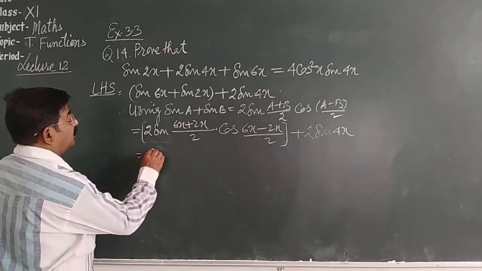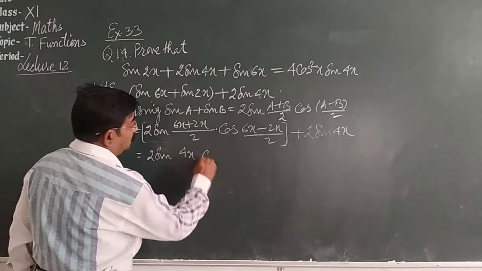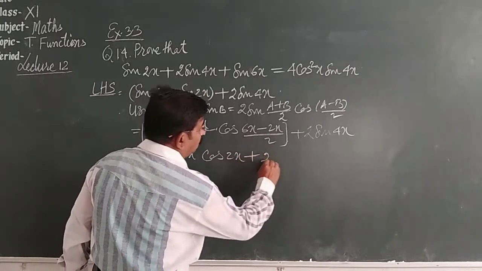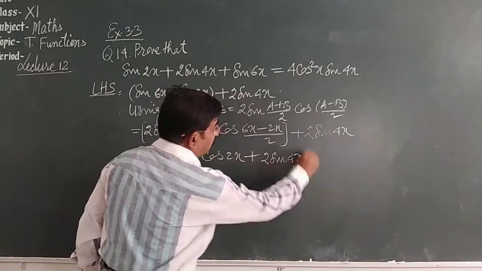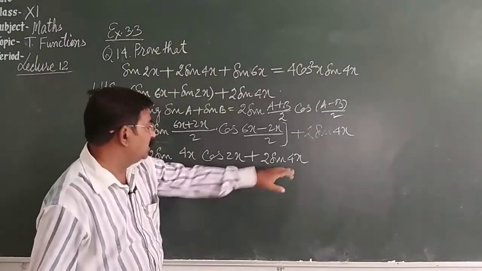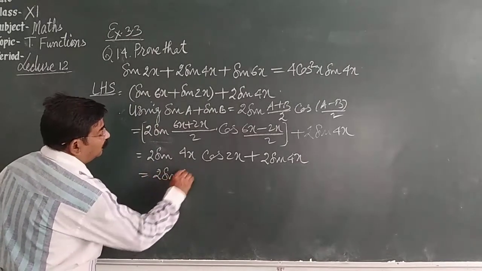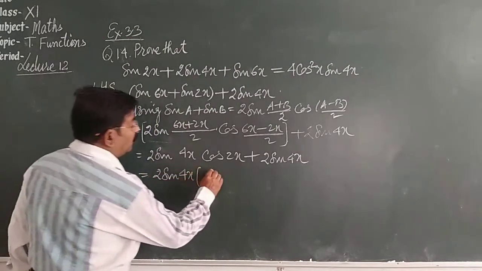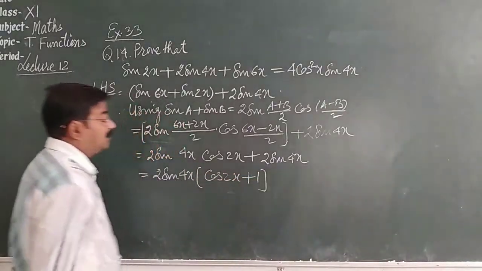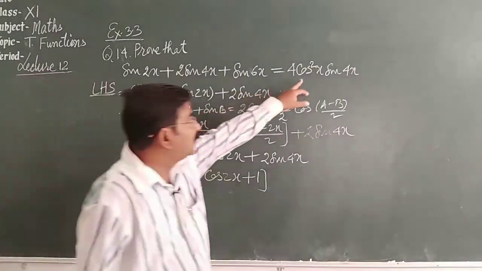So we can write 2 sin 4x cos 2x plus 2 sin 4x. See, 2 sin 4x is here and 2 sin 4x is here. We have common. So 2 sin 4x is common. What we have? Cos 2x plus 1, and we can change this cos 2x into the formula of cos. We have to bring cos square.